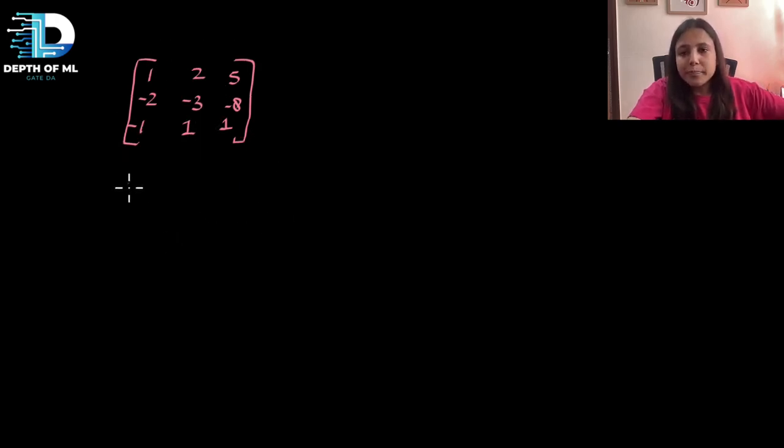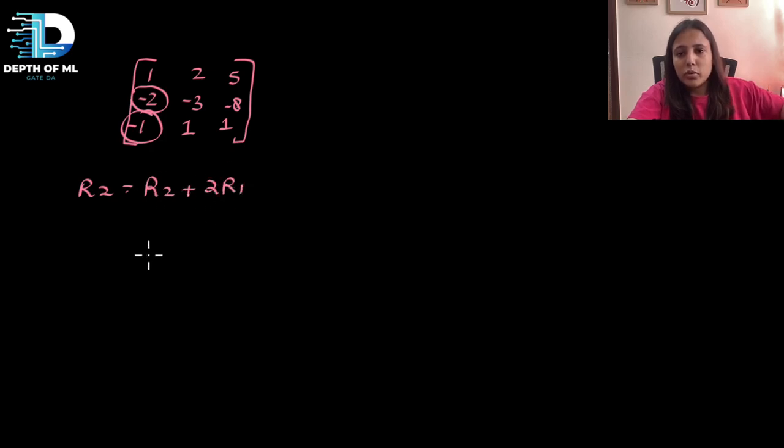Now let's do that. So how will I do this? First of all, I have to reduce this particular value and this particular value to 0. So to do that, I'll do R2 equals R2 plus 2R1. Because of this, my row 1 doesn't change at all, but this changes.